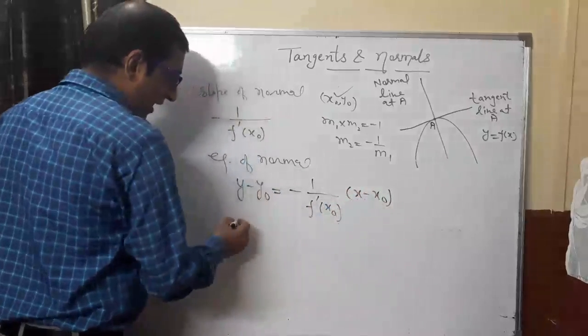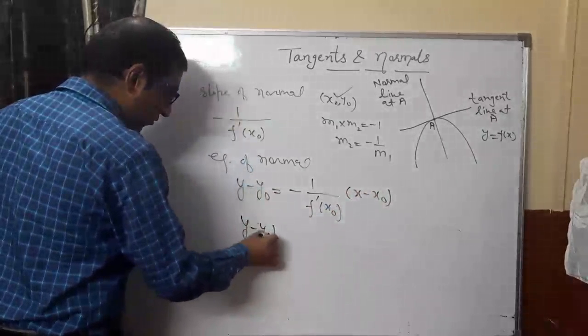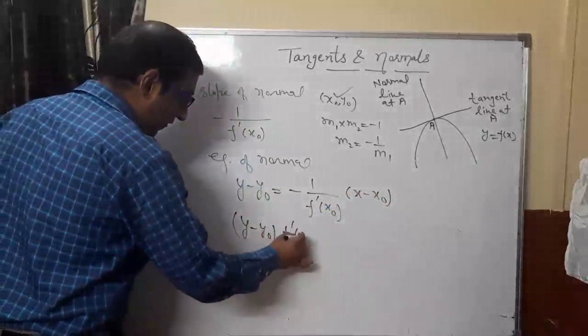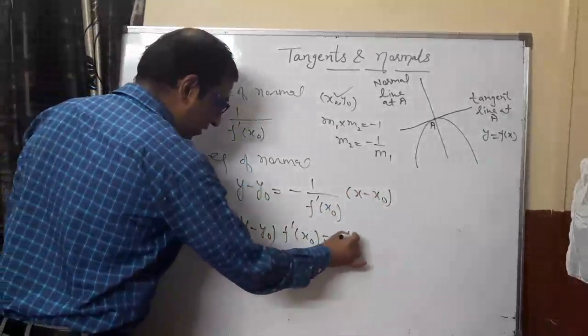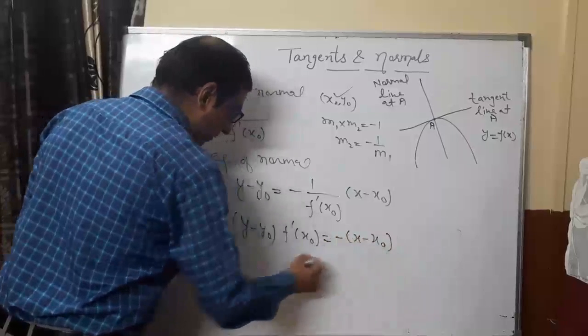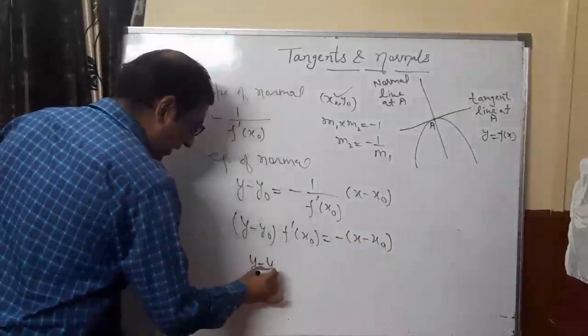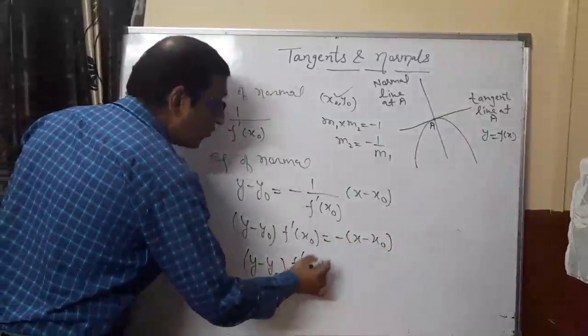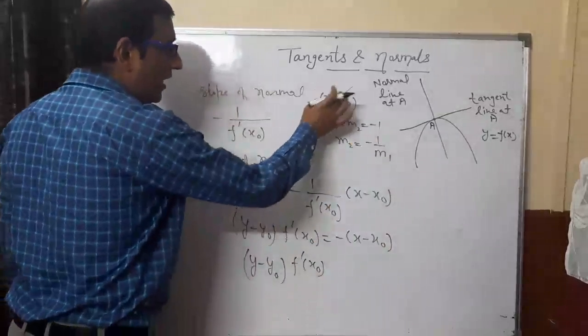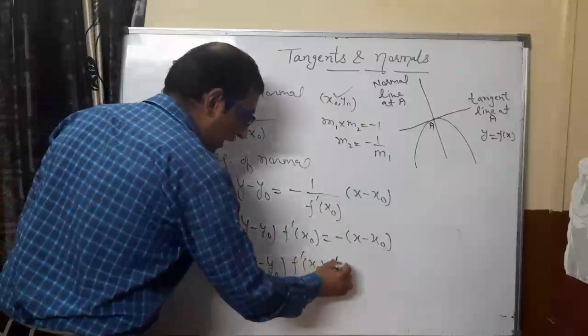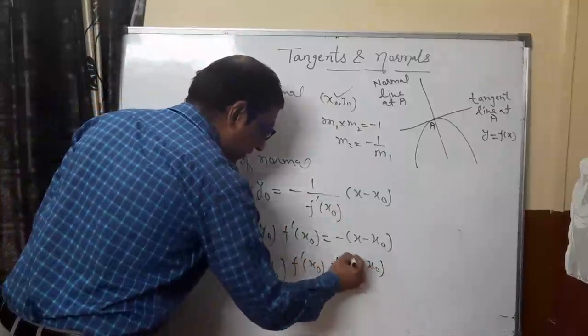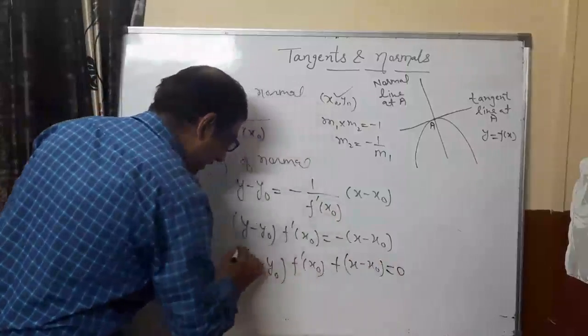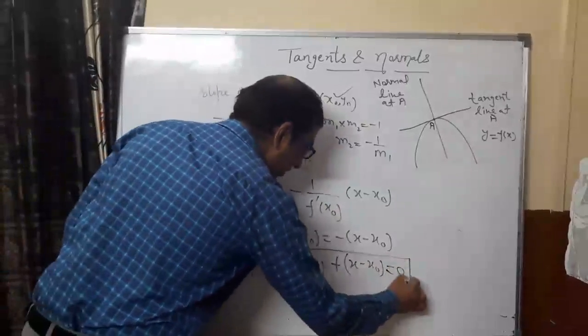It can also be written as (y minus y0) multiplied by f'(x0) equals minus (x minus x0). So this is the equation of the normal.